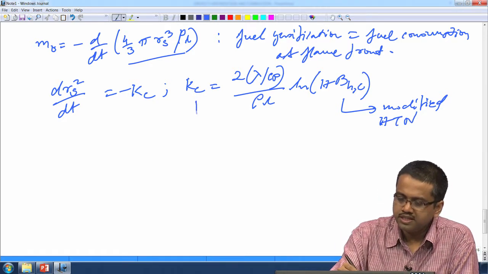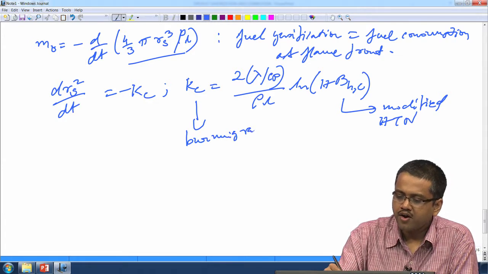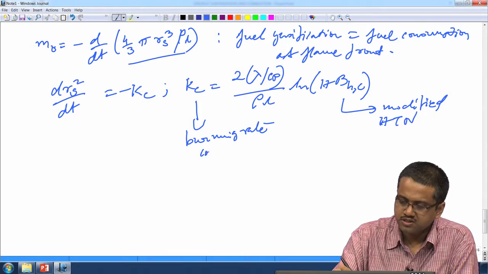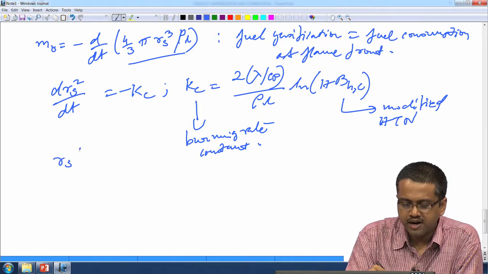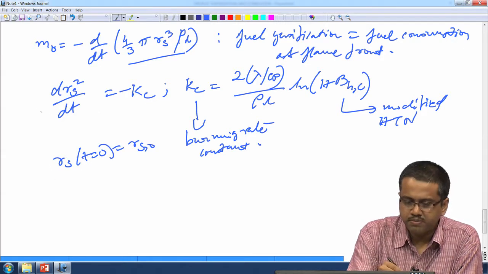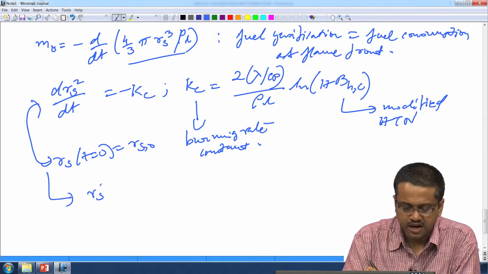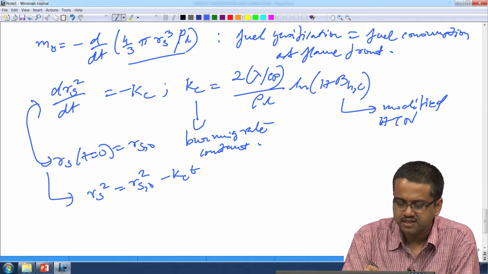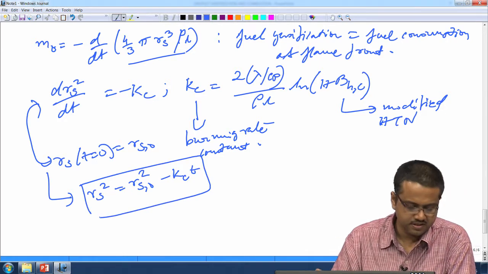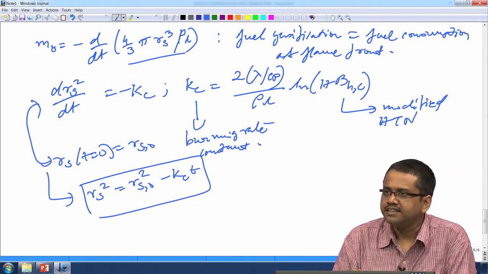So, usually this is the burning rate and it is constant. And we also have Rs at t equal to 0 is equal to Rs0. So, based on these two expressions, if we integrate it, you get Rs square equal to Rs0 square minus Kct, that looks exactly like the d-square law, right.